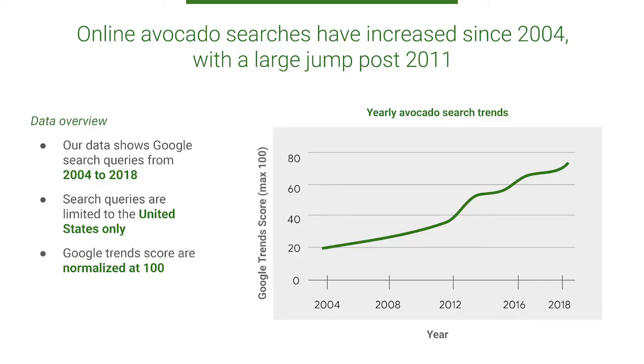You can also tell them if any new relevant data has come up or if you discovered that you need different data. For our analysis, we used data about online searches for avocados over several years. The data we collected includes all searches with the word avocado, so it includes a lot of different kinds of searches.